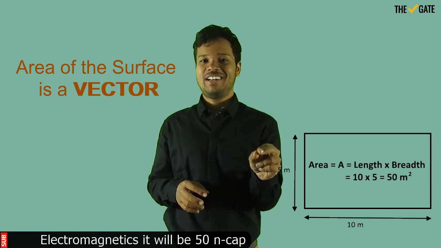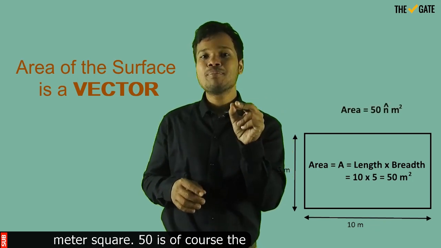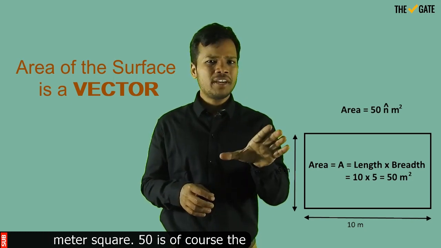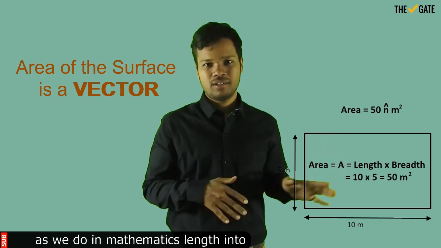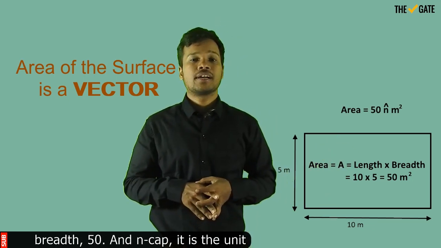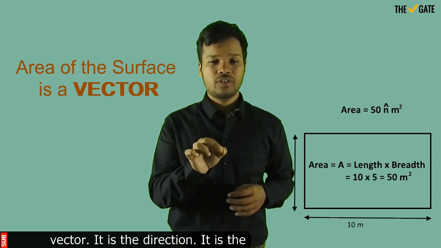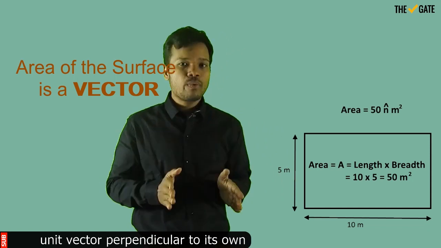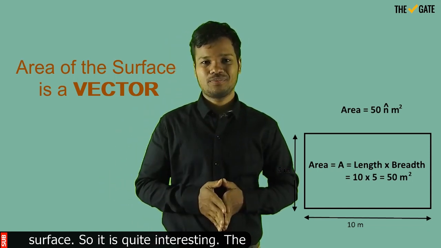But in electromagnetics it will be 50 n cap meter square. 50 is of course the magnitude as we calculate by normal formulae as we do in mathematics, length into breadth. And n cap is the unit vector, it is the direction. It is the unit vector perpendicular to its own surface.